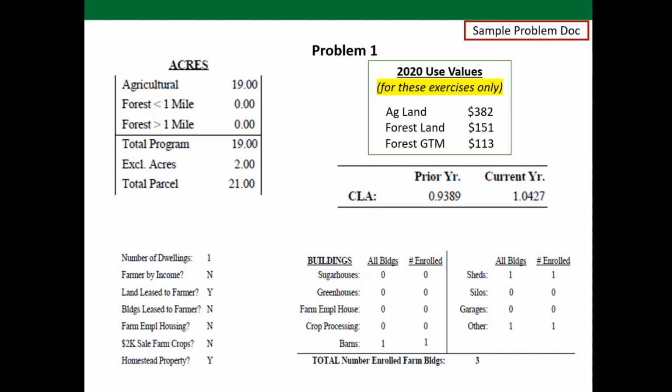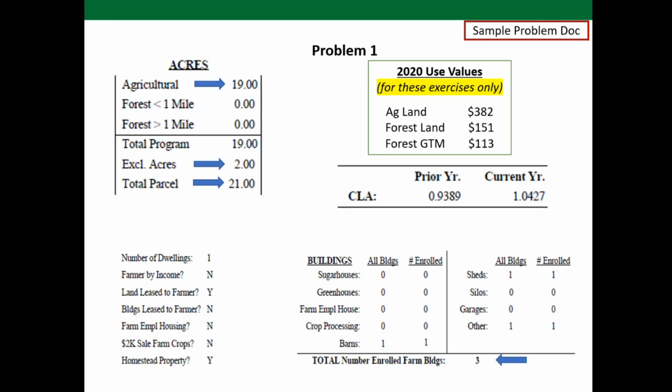The pieces of information that we are going to focus on for this problem today: we first want to identify the total acres on the parcel. So we have a total of 21 acres. And this taxpayer has enrolled 19 agricultural acres, which gives us a remaining 2 acres that they have excluded, or remainder. Again, as Christy mentioned before, we're using 2020 use values so that we don't have to redo these calculations annually.